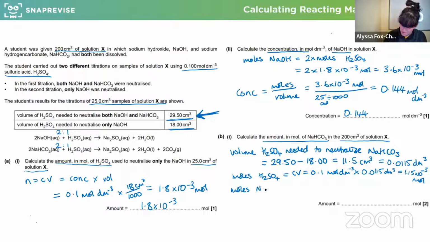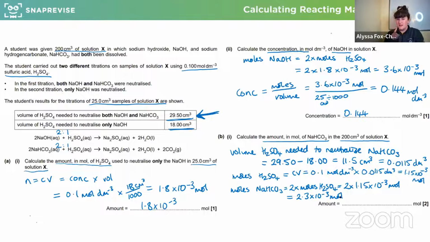So my moles of sodium hydrogen carbonate is 2 times the moles of H2SO4, which is 2 times 1.15 times 10 to the minus 3, which is 2.3 times 10 to the minus 3.